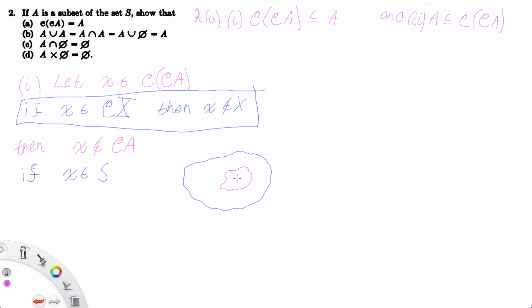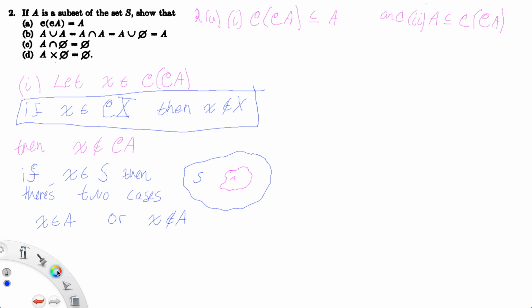If x is in S, then there are two cases: either x is in A or x is not in A. One of these must hold true.